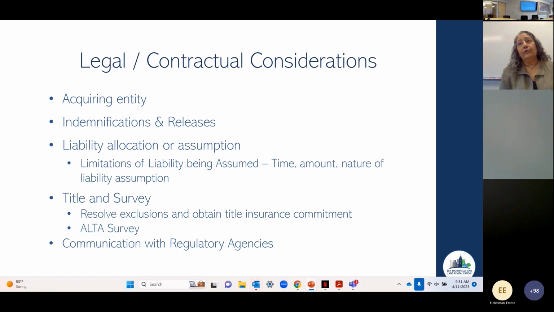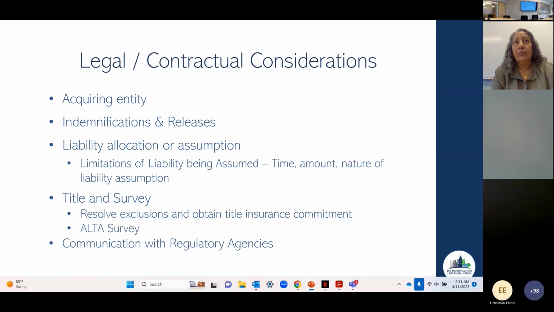I've had properties we've bought where, particularly on older sites that have had operations for decades, it's amazing what can get put on title, and it can be extremely difficult to resolve some of those title issues, because sometimes those entities that entered into the deed restriction or the easement or whatever may not even exist anymore. And so if you have an older industrial site, make sure you're allowing time to address the title and survey issues.